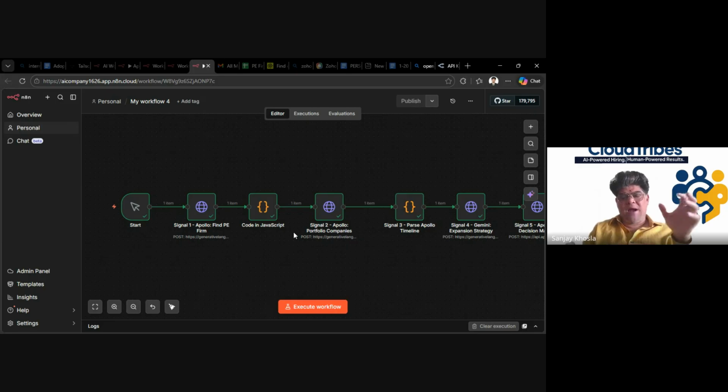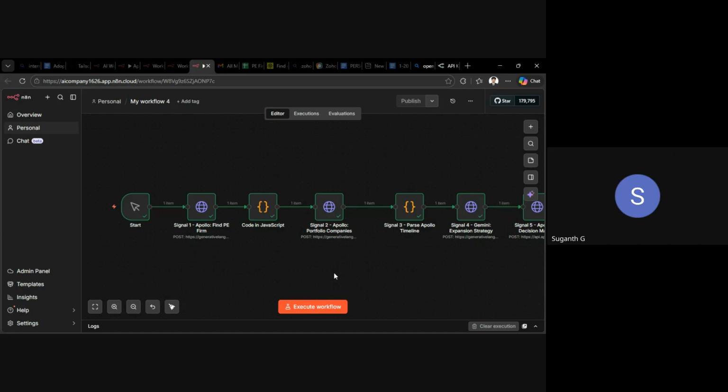Are you just extracting all the portfolio companies, or are you then also adding another layer of saying, because we want to have a targeted conversation with private equity, home services, acquisition, and home services companies like plumbing, electrical, HVAC, are you adding that filter in the signal, or you're doing it in the next step?